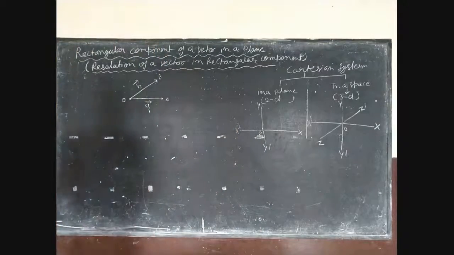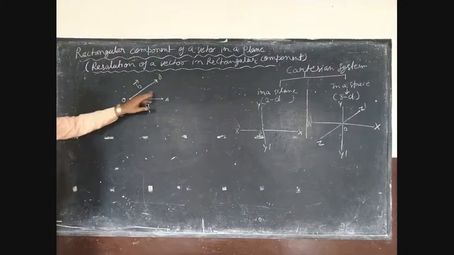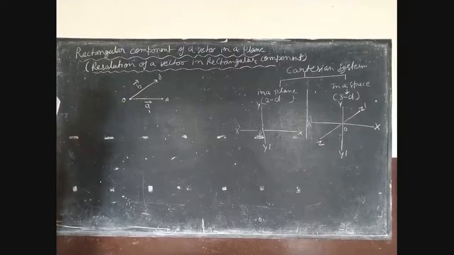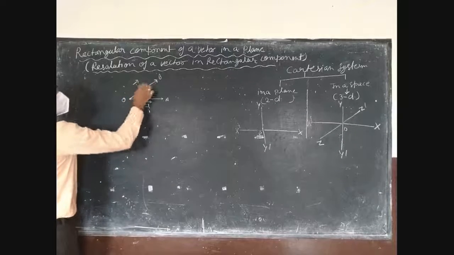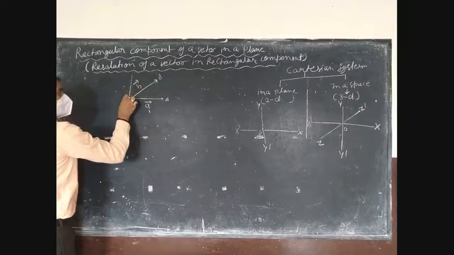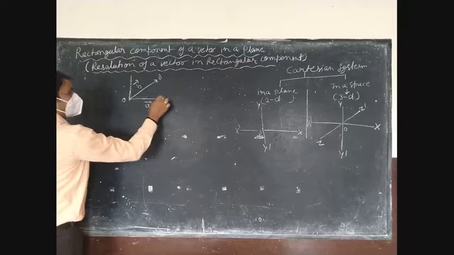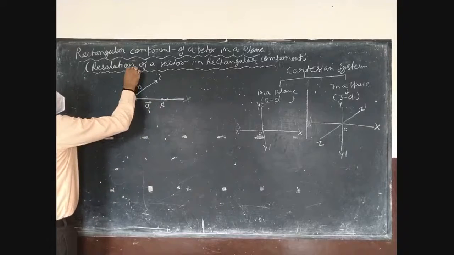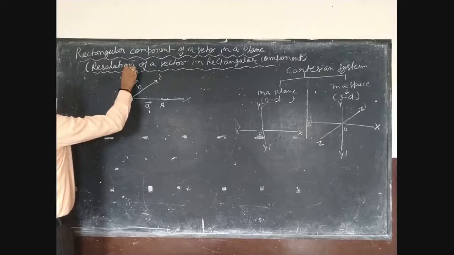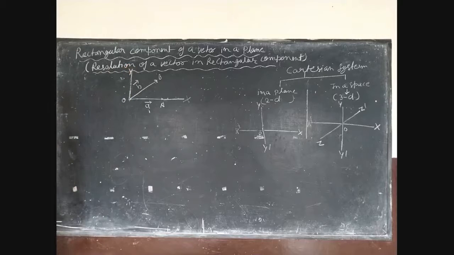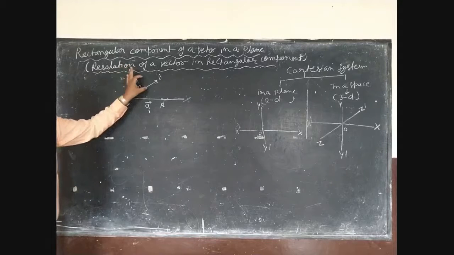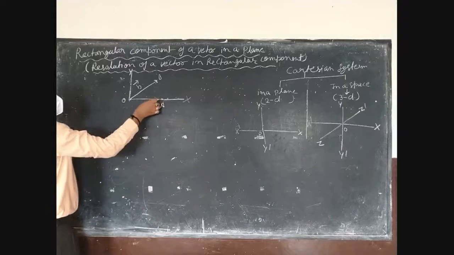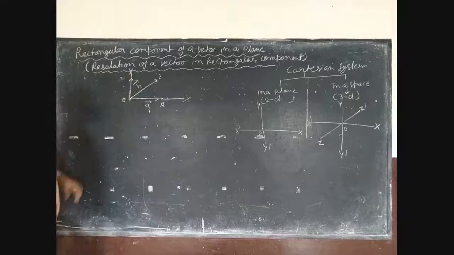Basically, if we discuss this vector OB only, then we want the effect of this vector OB along the x-axis and along the y-axis. So we need to split this vector in two directions, one along the x-axis and another along the y-axis.